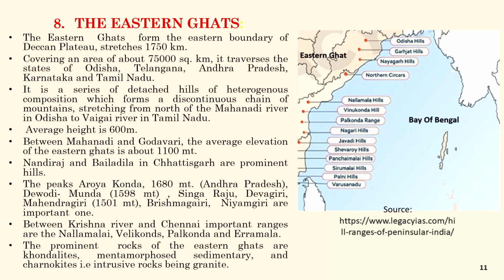Now we are coming to the last section of the peninsular region. So this is the Eastern Ghat. The Eastern Ghat forms the eastern boundary of the Deccan Plateau, stretching 1750 kilometers.